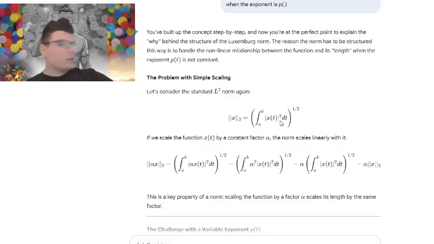And so you end up getting that continuous line. So we've got here, that's very easy. You can just square root the whole thing, but you can't do that with a Luxemburg norm because each one of these little xt's has a different exponent. So there's a p of t. So you can't take the 1 over p of t root. It doesn't make sense because we are integrating with respect to t.